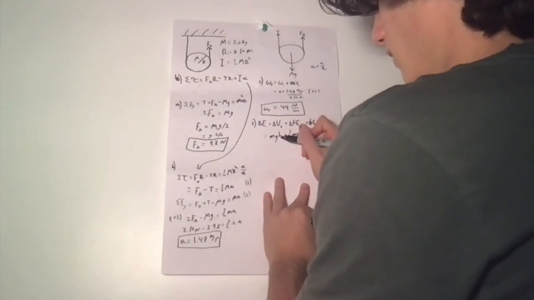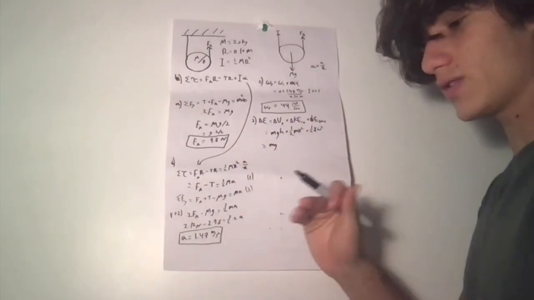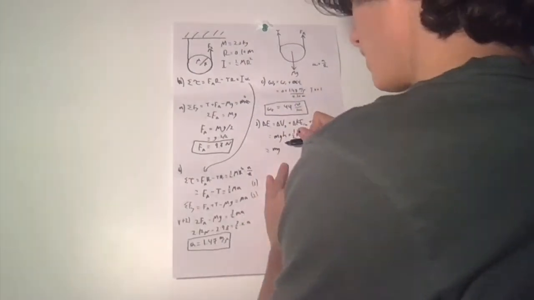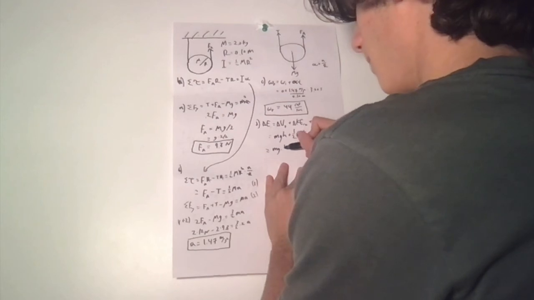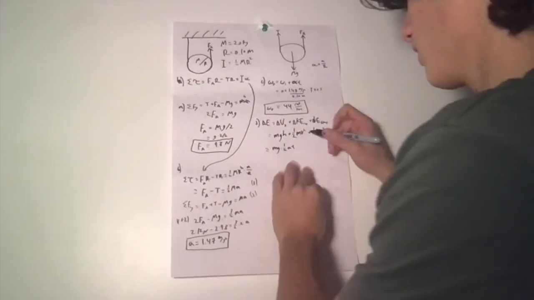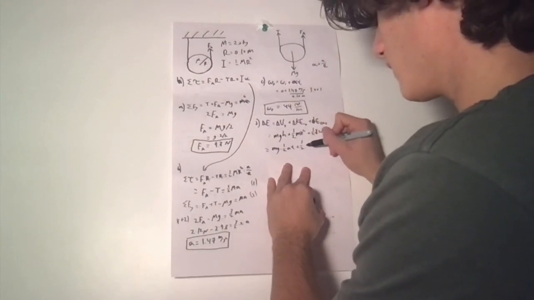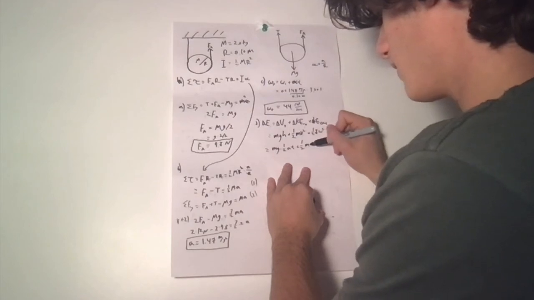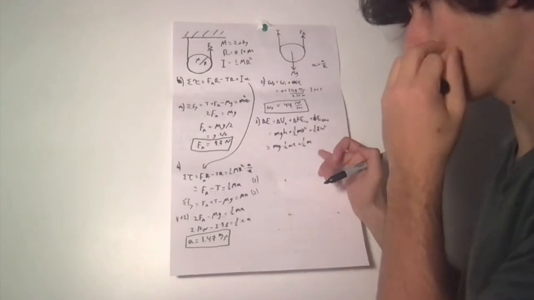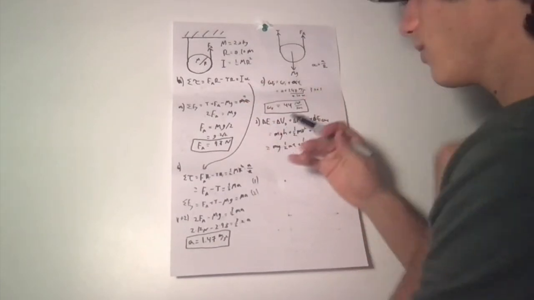Okay, h. We can figure out h because h is just the displacement. Using our kinematics, we can say that this is equal to 1/2 a t squared. Over here we have not much to simplify, but this is m times, well, do we know v? We don't know v, but we do know w.